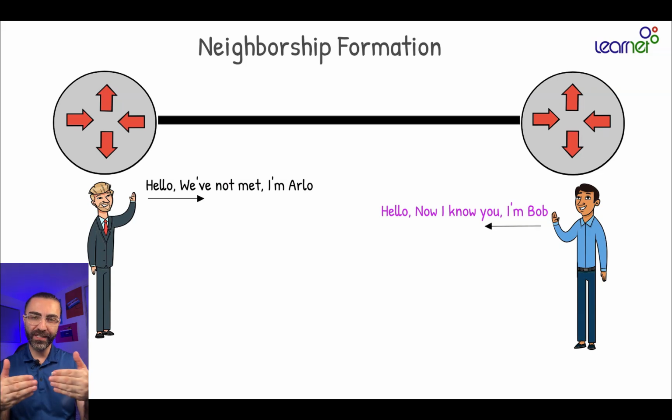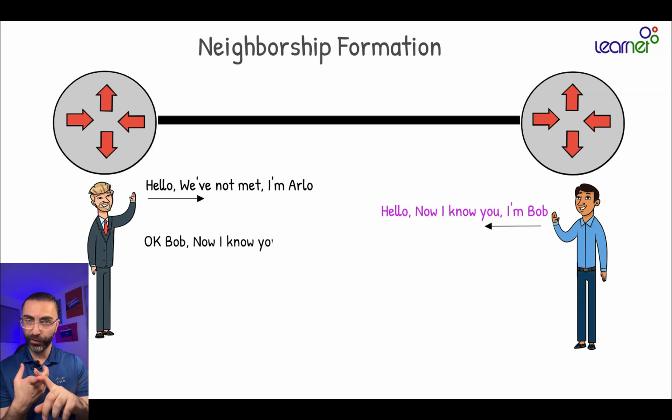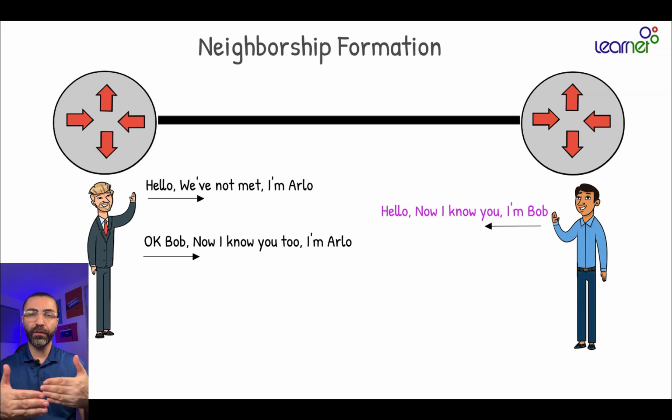They check some parameters together, like their area ID, which I'll talk about in the next few slides, and the hello interval, which is the interval of hello messages, and the dead interval, which is the timer that routers calculate to see if the neighboring router is still alive or not, and other parameters. If they agree on those parameters, this neighborship actually forms.